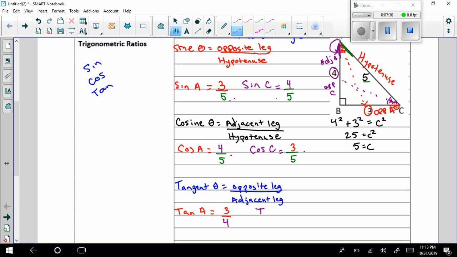So if you look at it, you have tangent of A is 3 over 4. The tangent of C, well, opposite to C is the 4. And then adjacent to C is the 3. So those are reciprocals. All right, and that just has to do with the placement of your angle of interest.